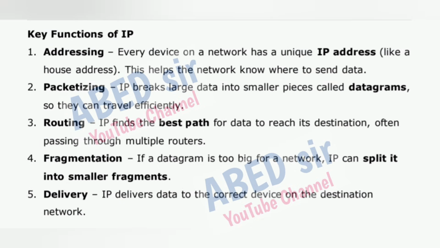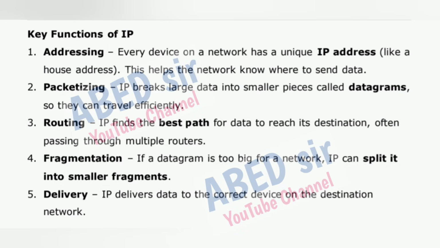Key functions of IP. 1. Addressing. Every device on a network has a unique IP address, like a house address. This helps the network know where to send data. 2. Packetizing. IP breaks large data into smaller pieces called datagrams, so they can travel efficiently. 3.